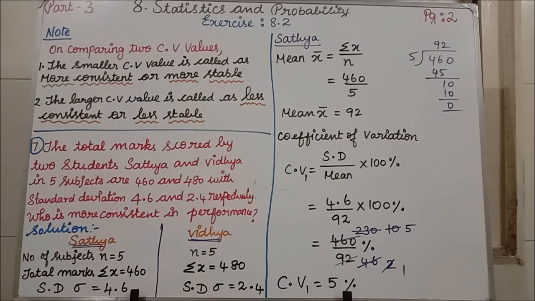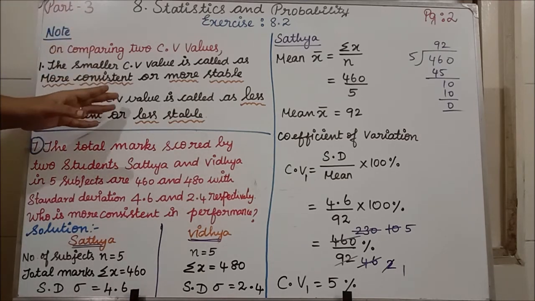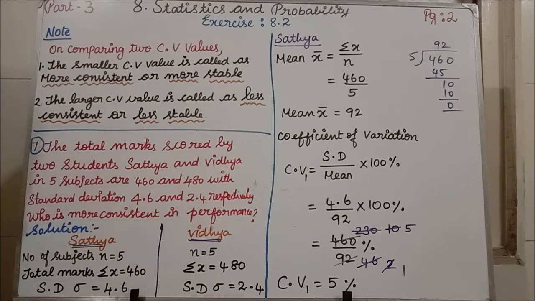Before going to the seventh question, we have to see one note. The note is based on comparing two CV values. Two CV values means how to compare two coefficient of variation values, I am going to tell you now. See, the first note: the smaller CV value is called more consistent or more stable.